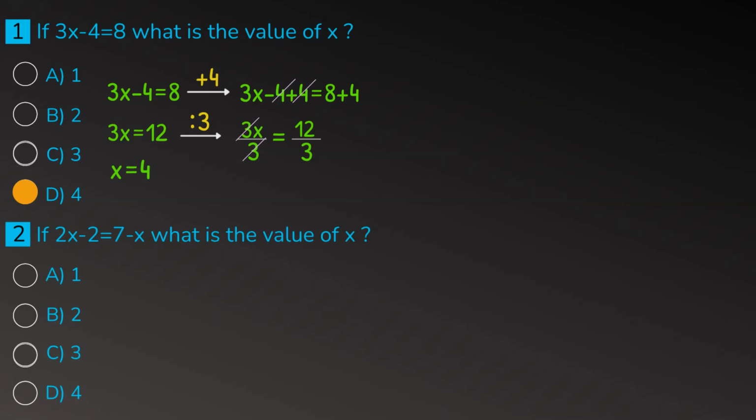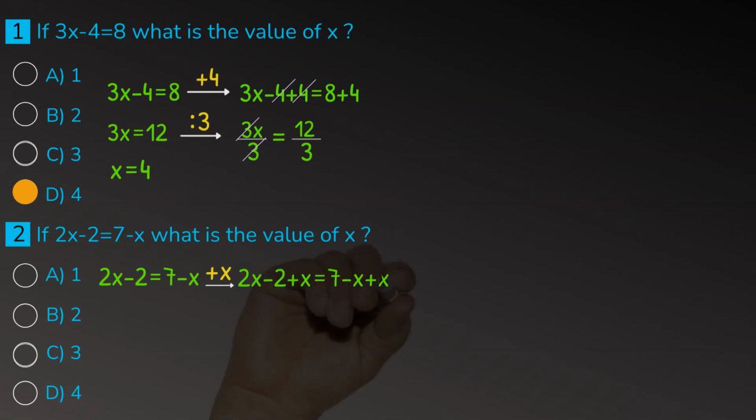The second problem has 2x minus 2 equals 7 minus x. So now we have x on both sides. Let's get all the x's on one side. If we add x to both sides, we get 2x minus 2 plus x is equal to 7 minus x plus x.